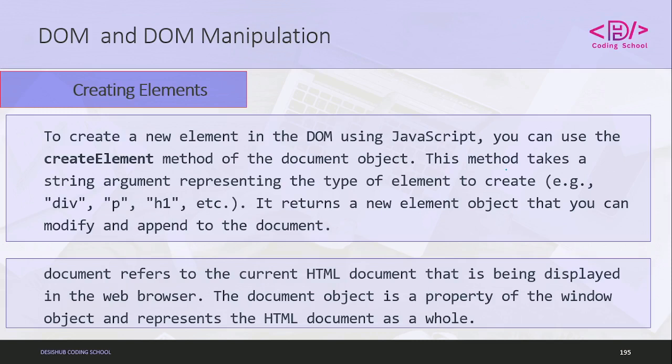So to create a new element in the DOM using JavaScript, you can use the createElement method of the document object. The document itself, as we said, is a DOM API or a web API. There are some methods, or some sort of functions, that the document itself has, because remember the DOM in full, I will remind you, let me write here.